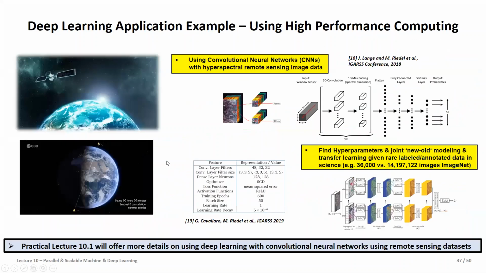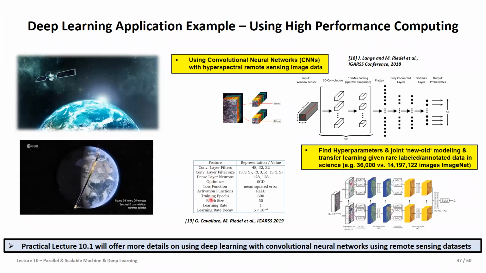This is also something we have already done in one of our previous lectures. The key problem remains, however, in all of these applications, when you do deep learning, essentially, what are these parameters you have to pick? Right, you see here a parameter set, which convolutional filters, and this will all be explained here in the following practical lecture 10.1.